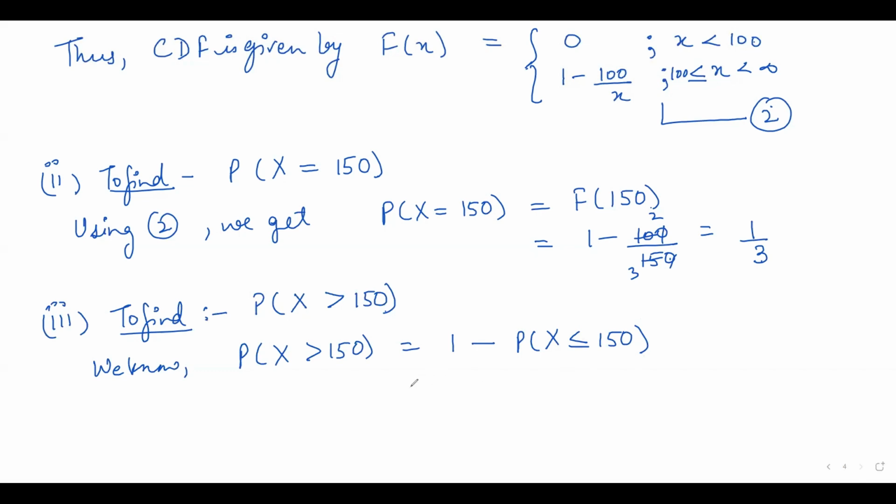Now, by definition of CDF, P of X less than equals to 150 is nothing but F(150). So this would be 1 minus 1 upon 3, that is 2 upon 3. We have already calculated F(150) in the second part, so using second, we can write here.